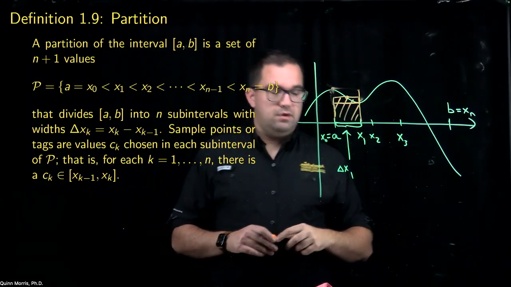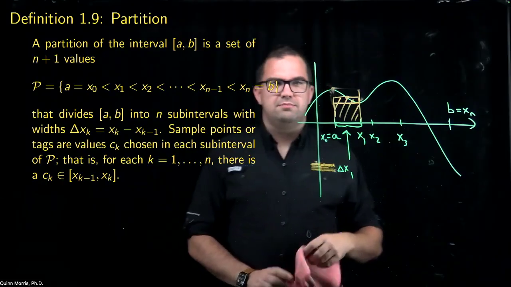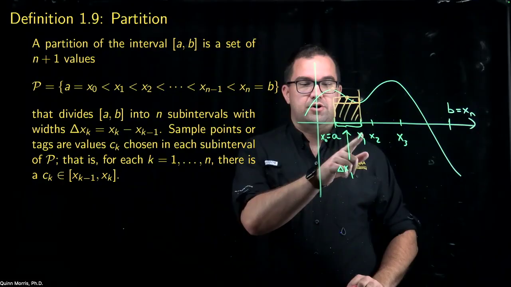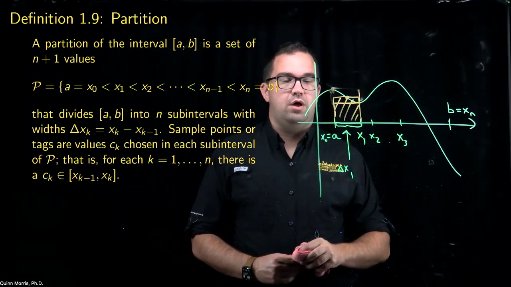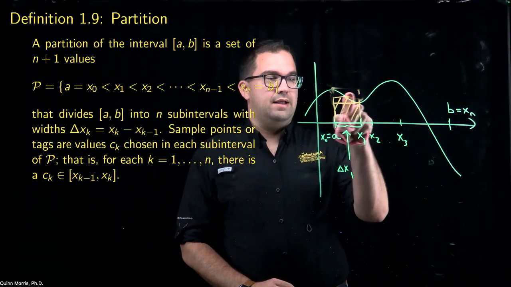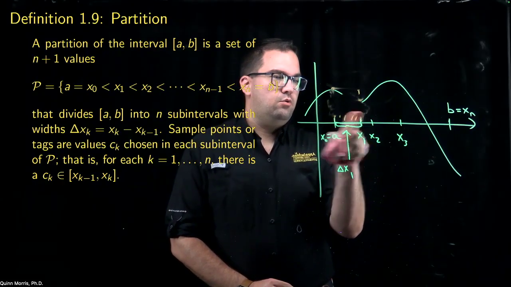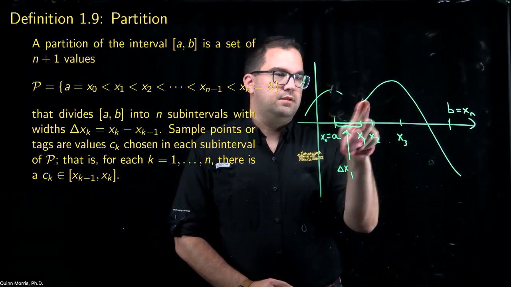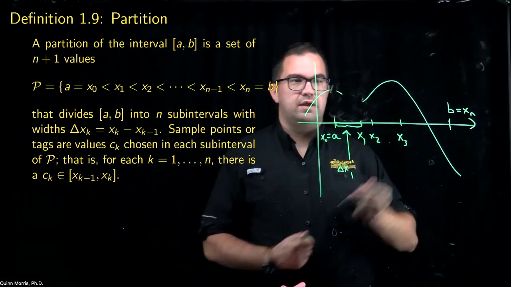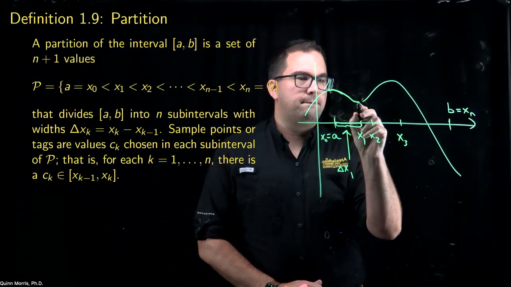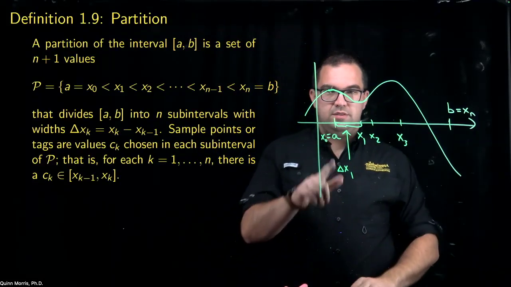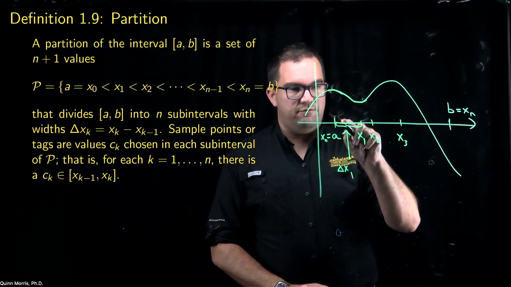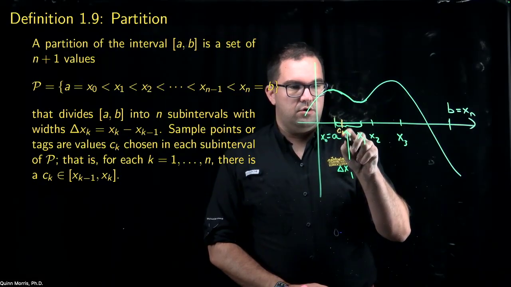Now, it actually turns out that it shouldn't matter where we choose that point. It should be one of the function values that occurs between x0 and x1, including x0 and x1. So on each little subinterval, I need to do a little reconstituting of my graph here. On this subinterval between x0 and x1, I'm going to choose some value in here called C1.